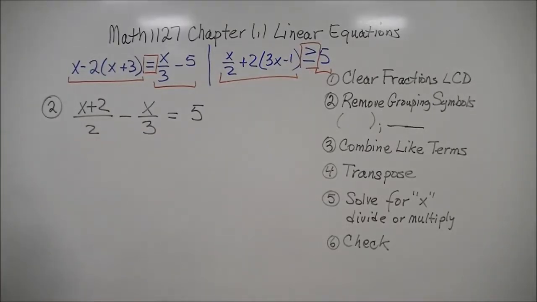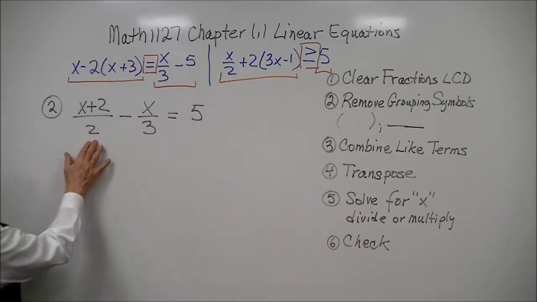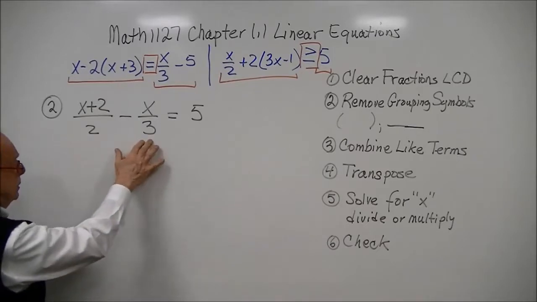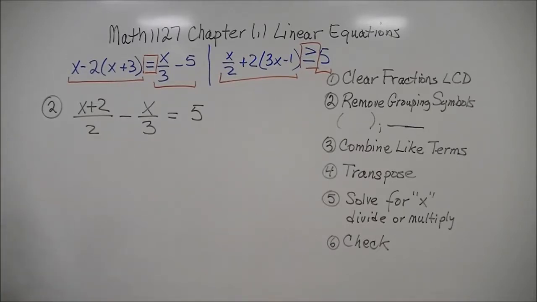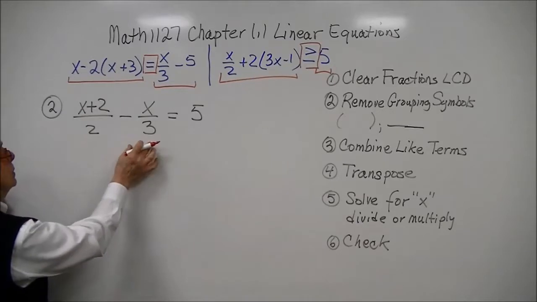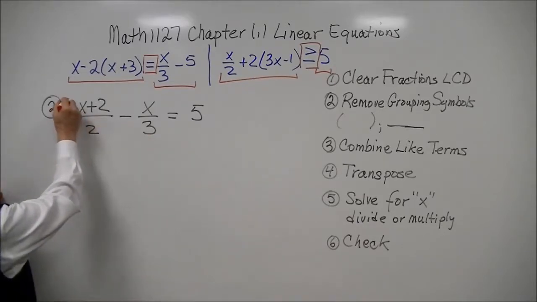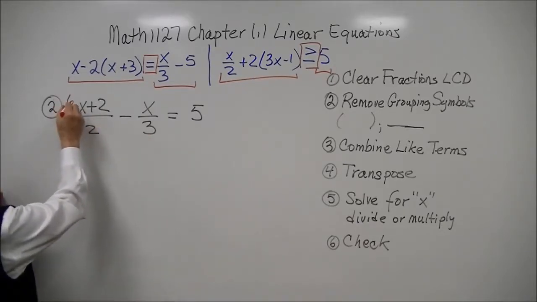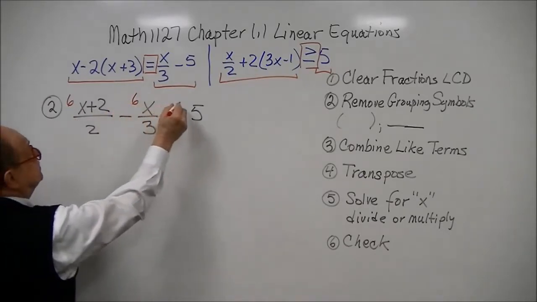Multiply each term by the least common denominator that we have to figure out between a 2 and a 3. And we'll give you a moment to figure that out. And that's 6. So we're going to multiply each term by the common denominator 6.